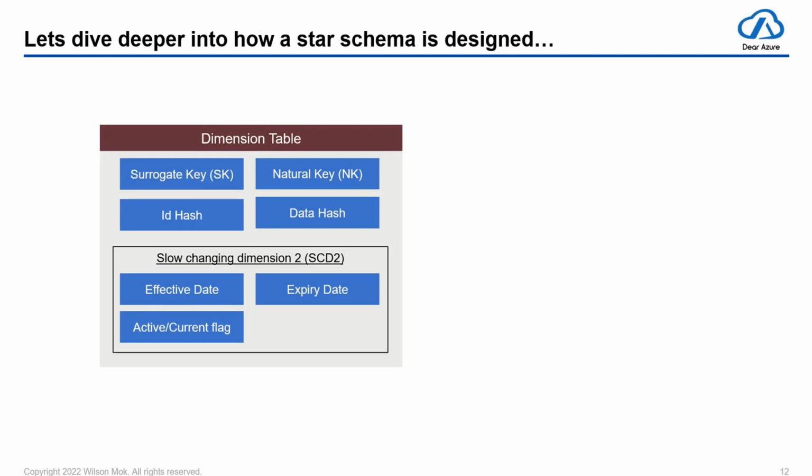For slow changing dimension 1, or SCD 1, those are where we overwrite the particular value. And finally, the SCD 2, the one you see on the screen, is where we would create a new row every time a value is updated in the source system, and then we will also expire the old record as well. Because of that, we have to have 3 additional columns to support that activity.